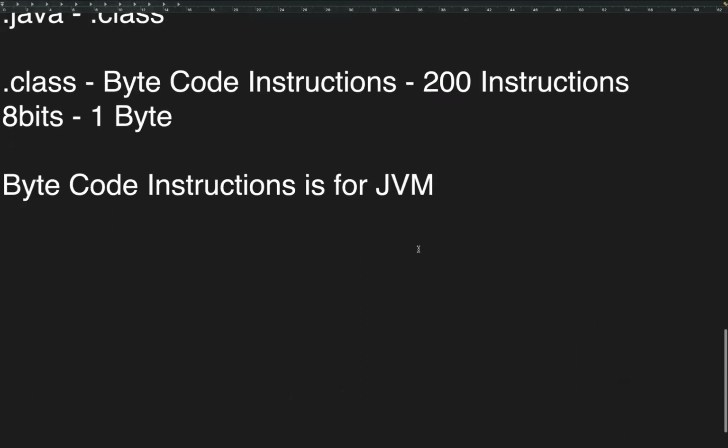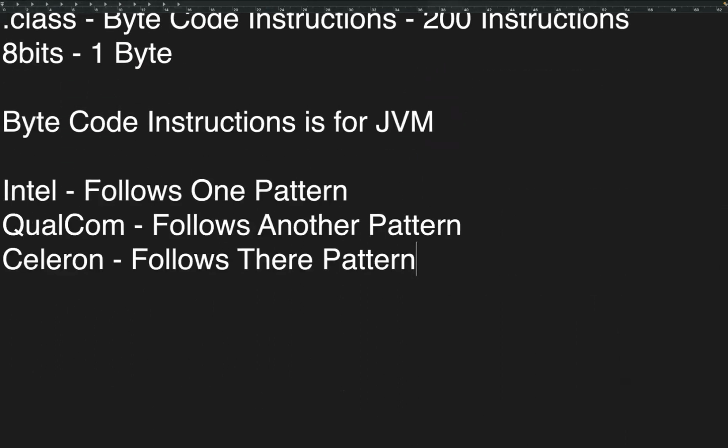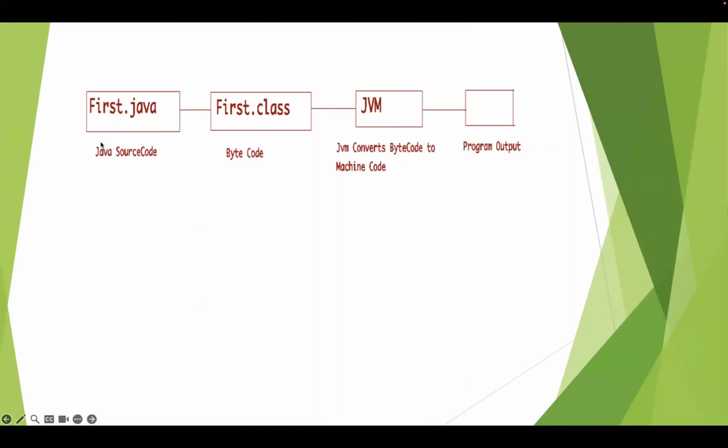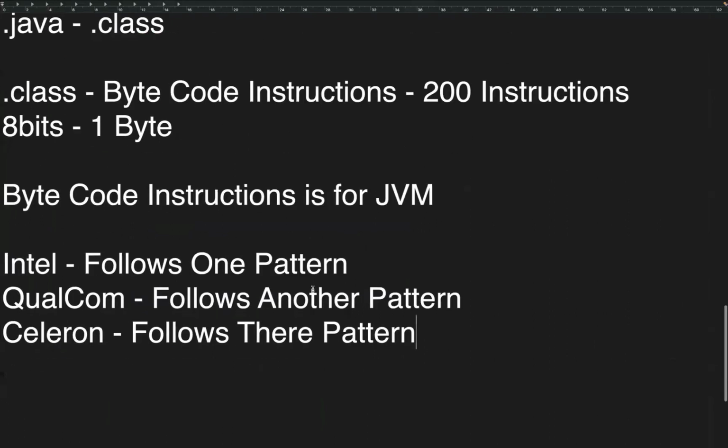Before giving any program output, what is the role of the JVM? So now just understand the three formats we have explained. .java is compiled, and it generates a .class file with bytecode instructions. This bytecode is for the JVM, not for the microprocessor. This bytecode is for the Java Virtual Machine.